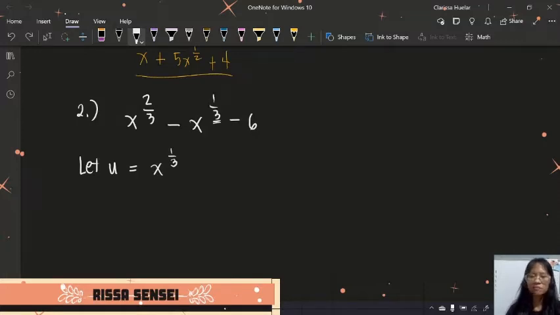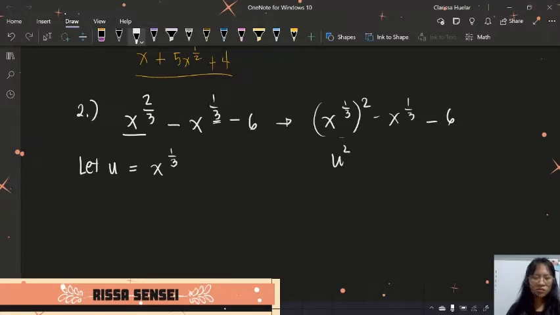So, if I'm going to replace x raised to 1/3 with u, I can rewrite this as x raised to 1/3 squared kasi 2 times 1/3 is 2/3. Minus x raised to 1/3 minus 6. So, pwede ko na itong galawin. Magiging u squared minus u minus 6.